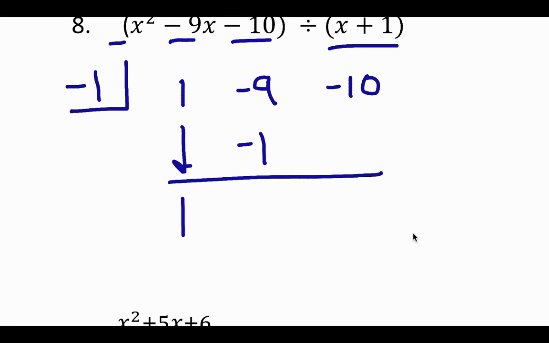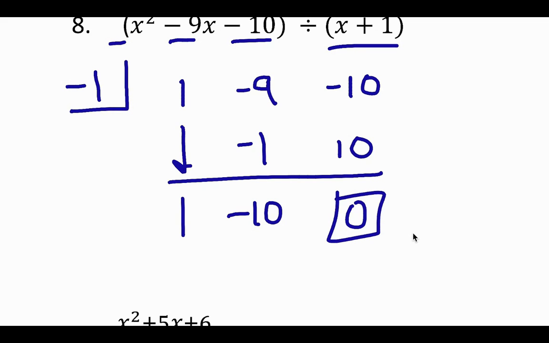And then we are going to add down this row here, which is going to give us negative 10. And then again, we multiply negative 1 times negative 10, which is going to give me positive 10. And we're going to add down that row again, which is going to give me 0.